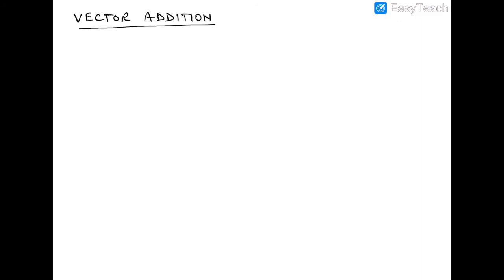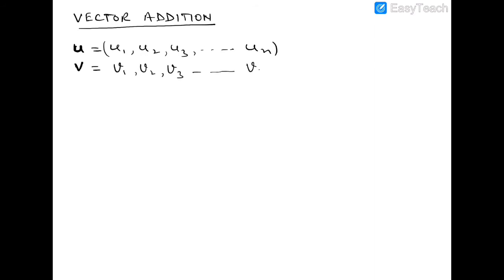Now vector addition. Let's take two vectors. U is equal to (U1, U2, U3 up to Un), and vector V is equal to (V1, V2, V3 up to Vn), where U and V belong to Rn.